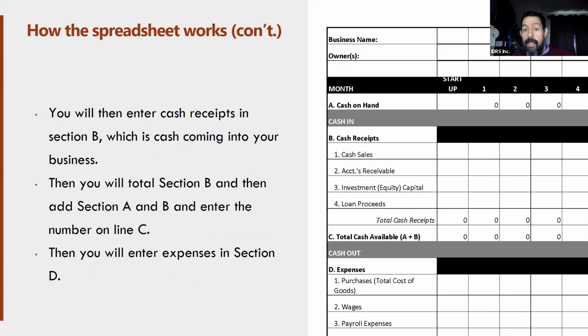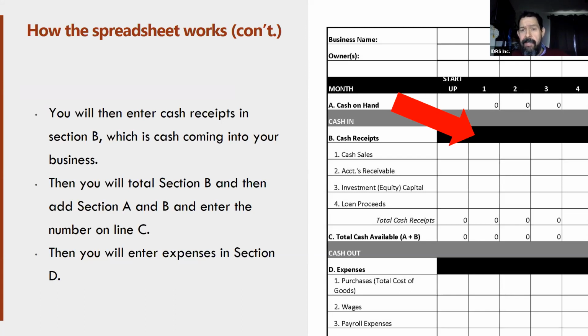And then, as we start entering numbers, if you believe any cash is going to come into the business, we have cash sales. That's generally the things that you're going to sell. We're not going to talk about accounts receivable here, but that would be another thing if people were paying accounts receivable, or if you were getting investment equity, investment capital, which is selling a portion of your business, or loan proceeds into the business.